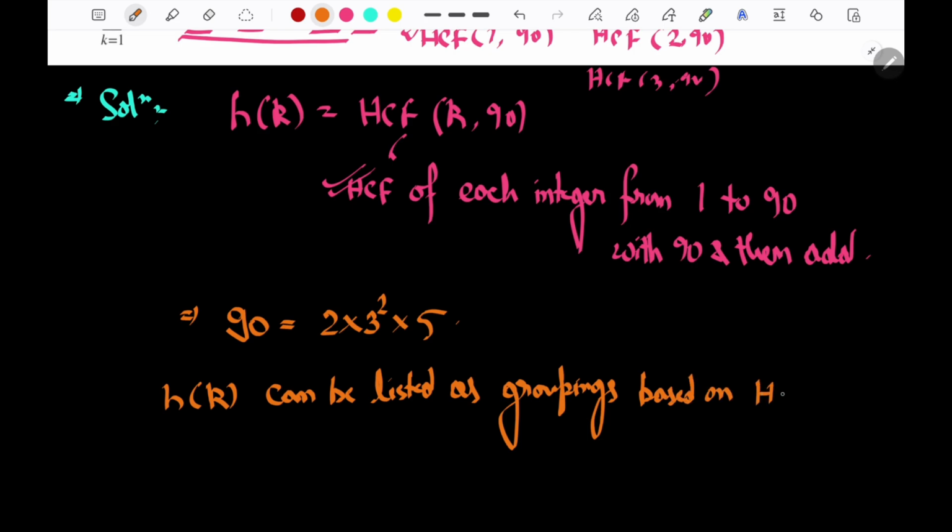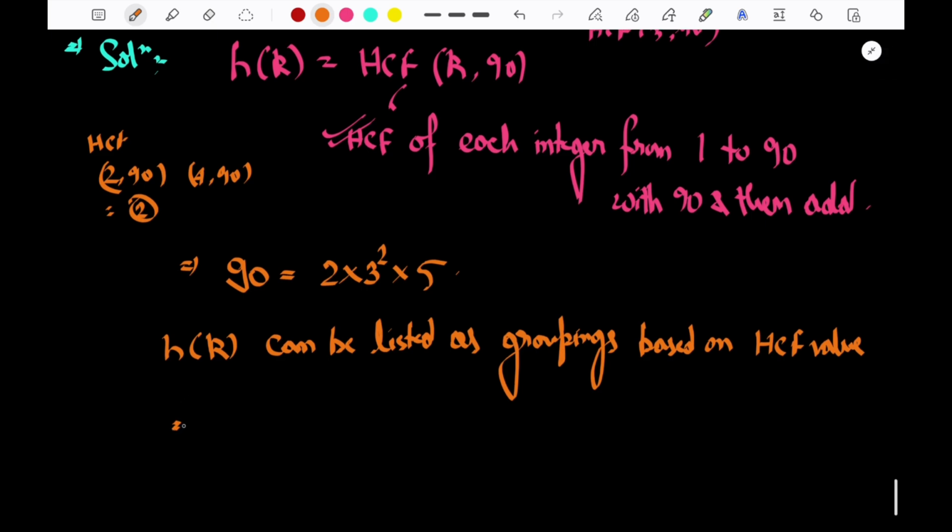Why? Imagine 2 comma 90 and 4 comma 90 both have HCF as 2. Correct or not? Correct.